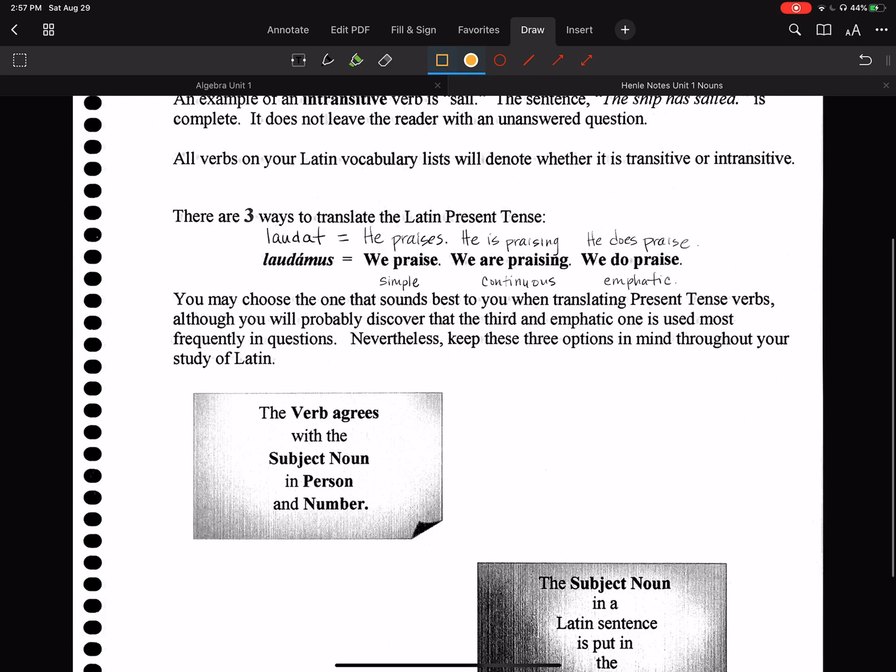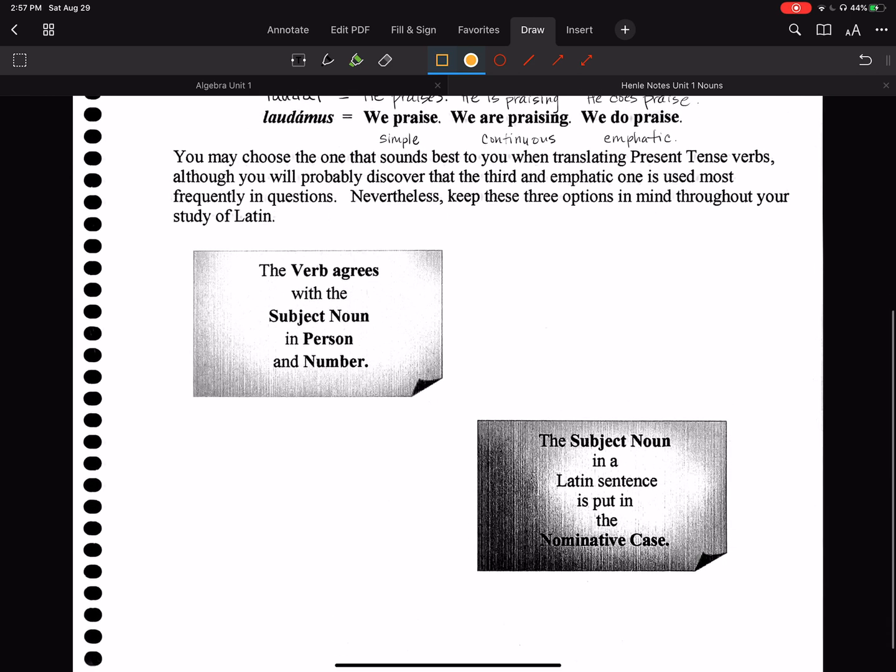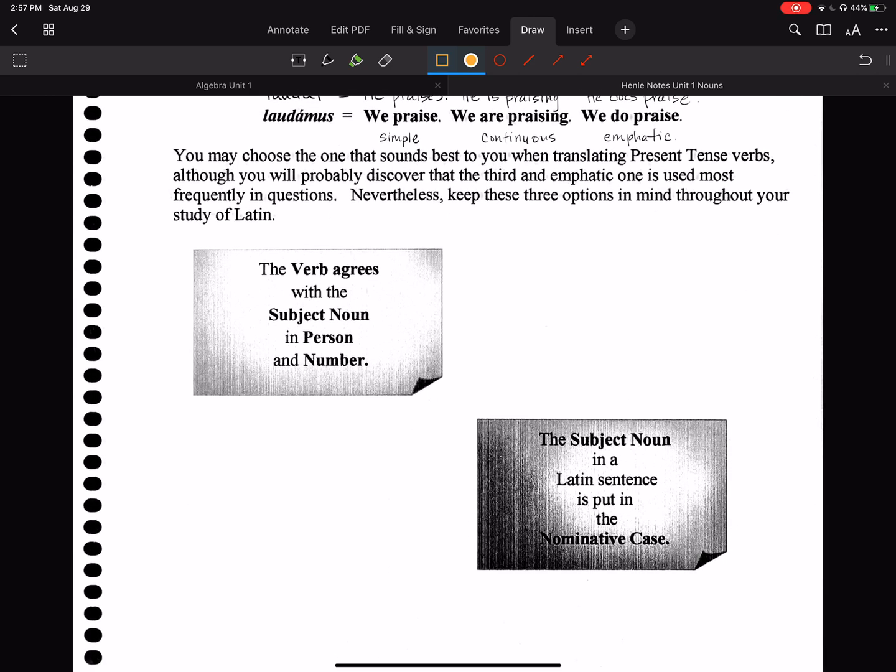There are some grammar cards associated with this lesson. What are the two important takeaways? Basically, the verb agrees with the subject noun in person and number. And remember, for right now, this is always third person. Your choice is between whether you need a singular "he, she, or it" verb, or a plural "they."